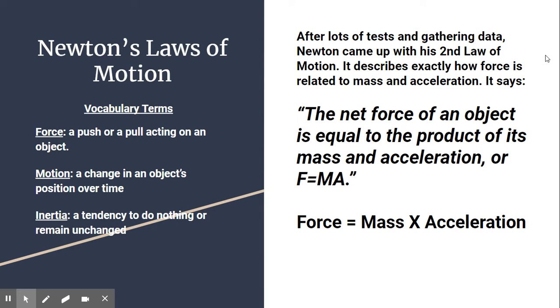Newton's second law of motion states that the net force of an object is equal to the product, which means multiplication, of its mass and acceleration. Or you could write it as our formula, F equals ma. F stands for force, m stands for mass, and a stands for acceleration. So the mathematical formula F equals ma means you take a value for force, it's equal to the mass times the acceleration.